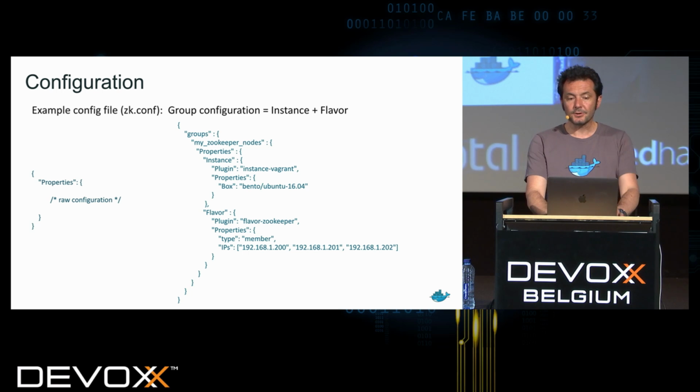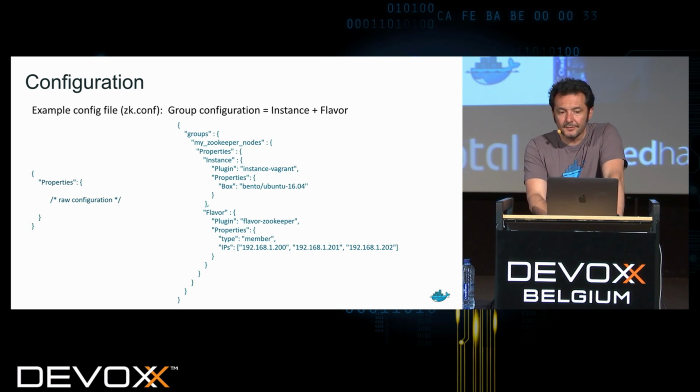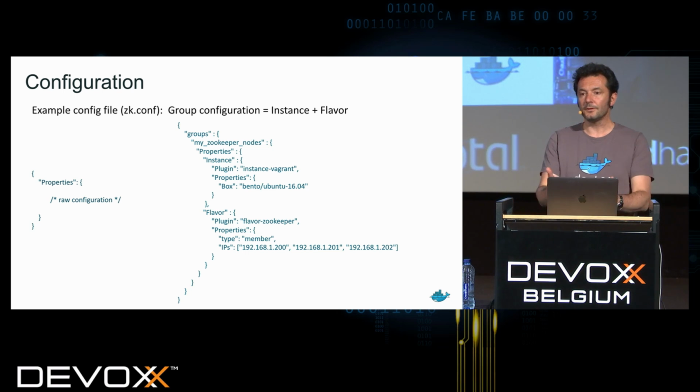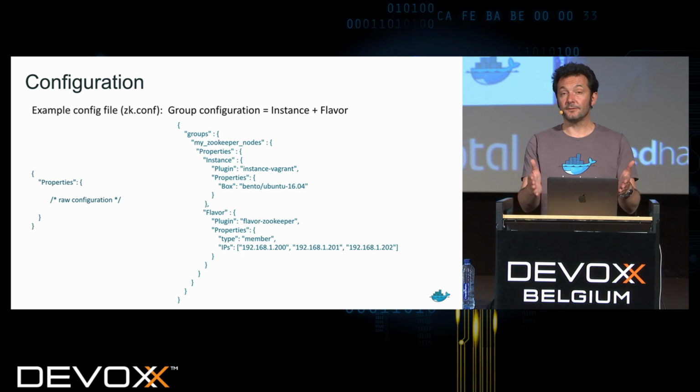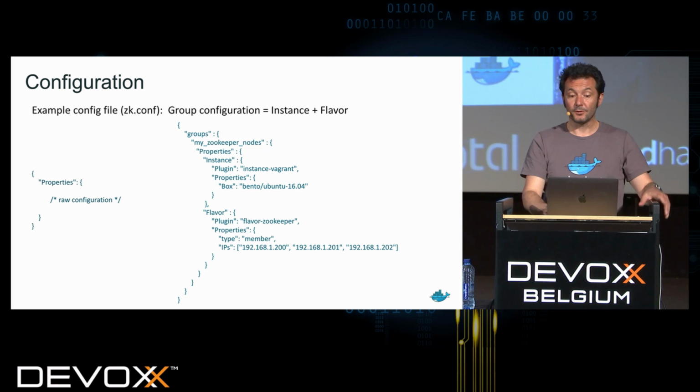So that's what a configuration looks like. Here it's for the Zookeeper example. Here we're using an instance plugin with a Vagrant instance, so that would run locally on an Ubuntu box, and then a flavor plugin with Zookeeper where we pass the list of IP addresses for the Zookeeper cluster.